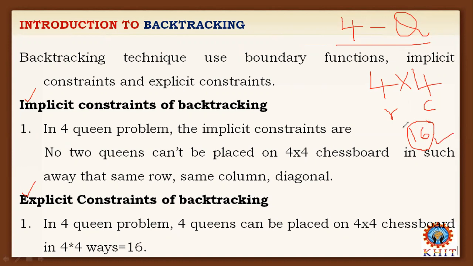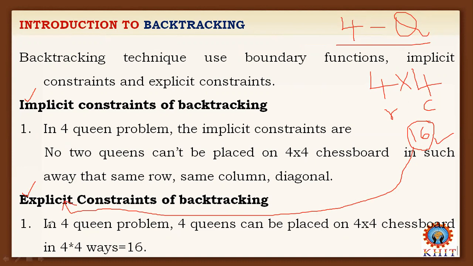So 16 places are available. This clearly represents the explicit constraint. This is called an explicit constraint.